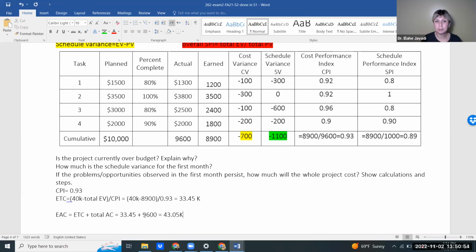So that's going to be the total cost of the project, which is over what you had planned, which is 40K you wanted to spend. So the key idea here, put a note, star up there: if the problems persist, use the CPI that you calculated. If the problems disappear, use CPI as 1.